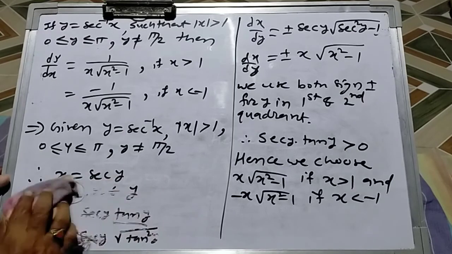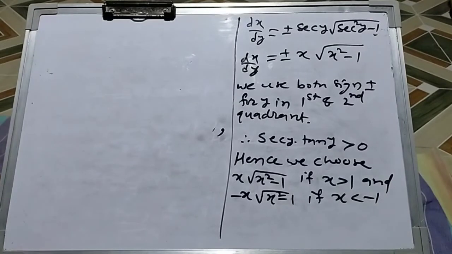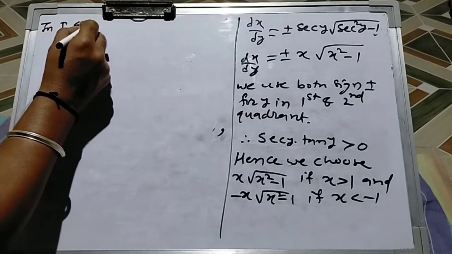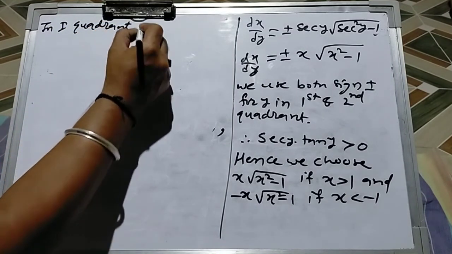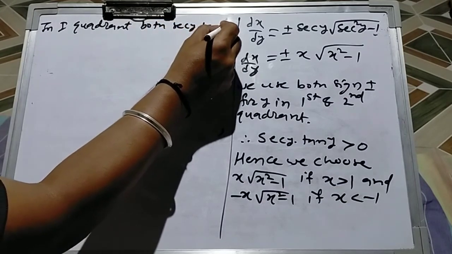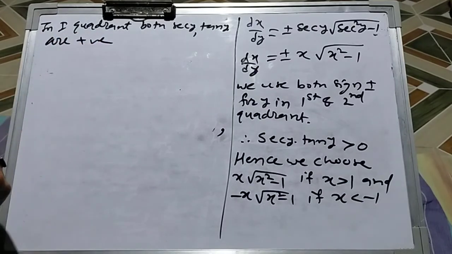In the first quadrant, both sec y and tan y are positive.